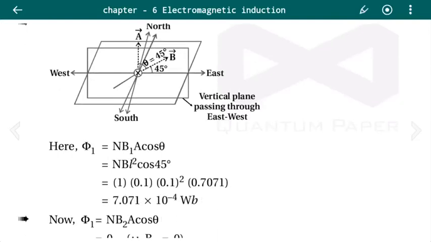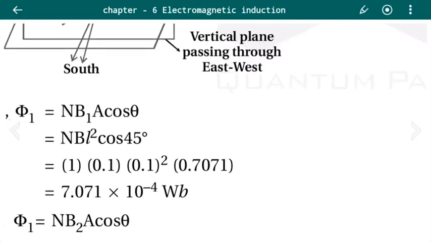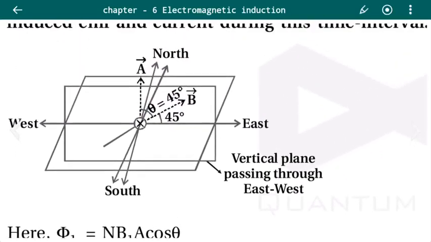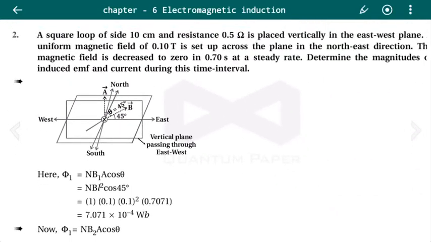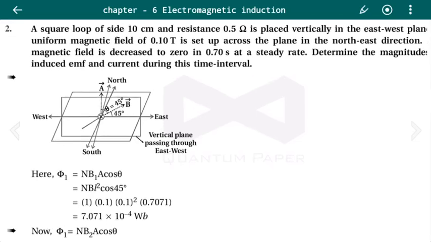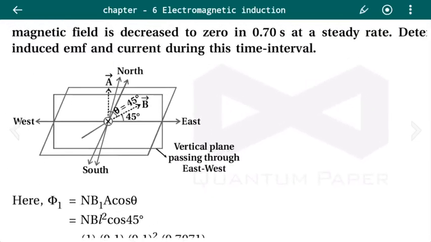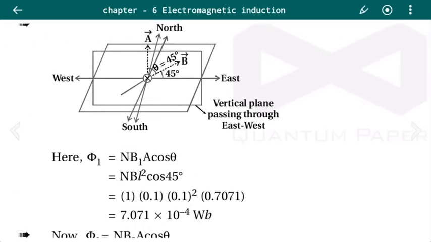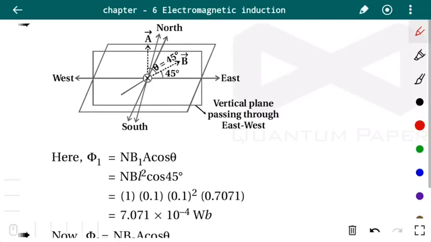phi is equal to NBA cos theta. Here you can see the magnetic field B1 is the magnetic field when the square loop is in the east-west direction. Here you can see that theta is 45 degrees.